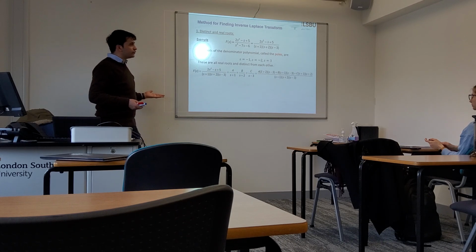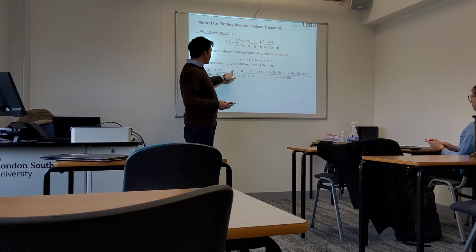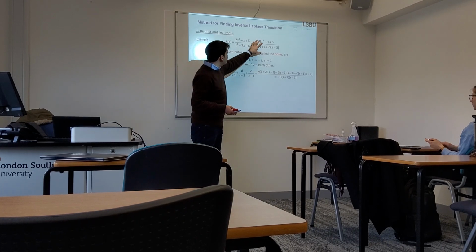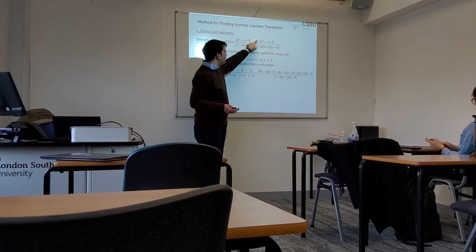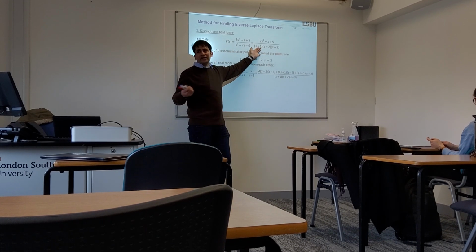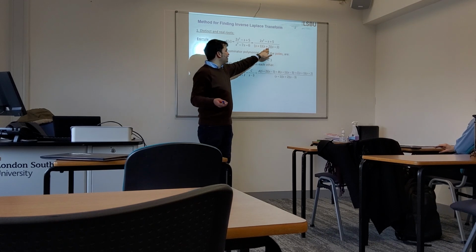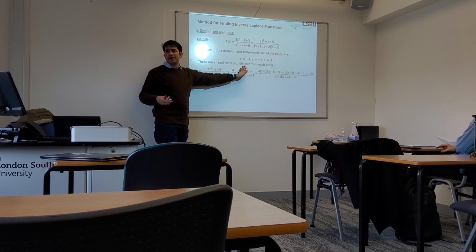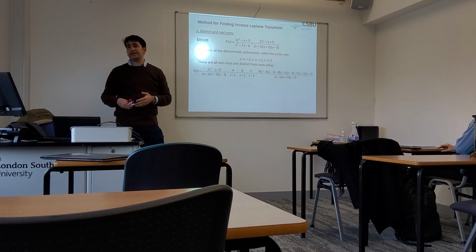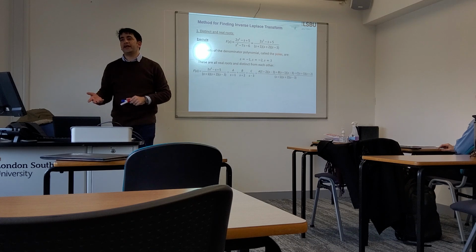Since they are distinct roots, we simply need to write this whole equation. While we are doing that, we want to split it, because we know that if we get something divided by s plus 1, it's e power minus t, something divided by s plus 2, so we want to split that. So we split it a divided by this, b divided by this, c divided by this, but now the point is how to find a, b and c.